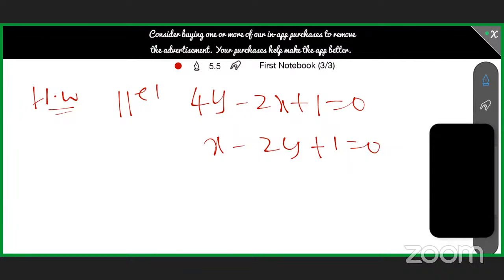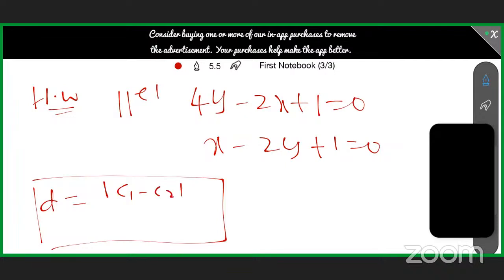First of all, what is the formula for the distance between two parallel lines? D is equal to mod of C1 minus C2 divided by root of A square plus B square.